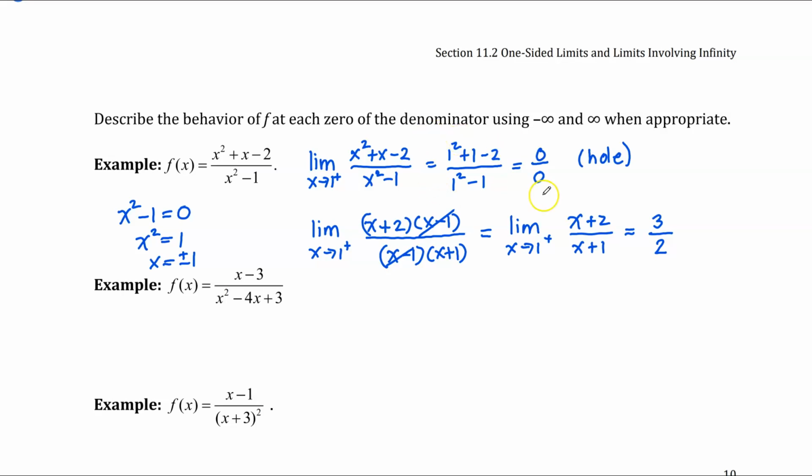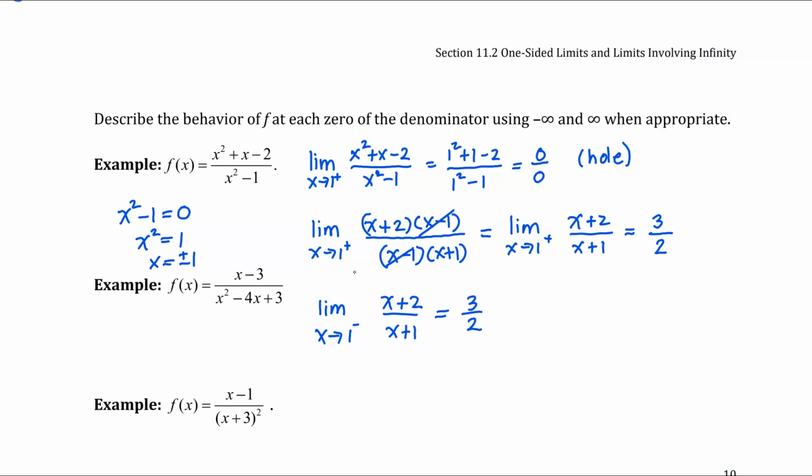Now, since this results in a hole, we know that if we do the same thing and evaluate the limit as x approaches 1 from the left, we will get the same value. You simplify this and reduce it to (x + 2) over (x + 1), and that gives us the same value, which is 3/2.